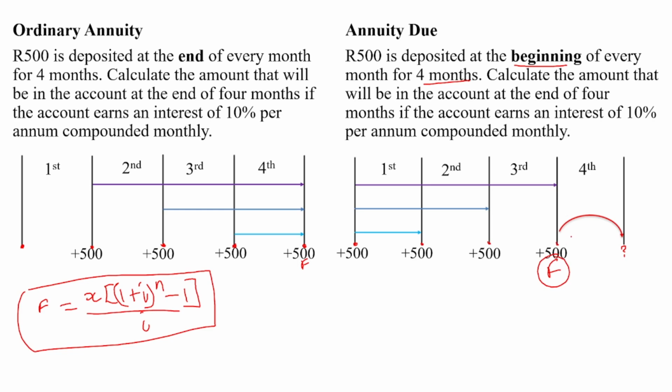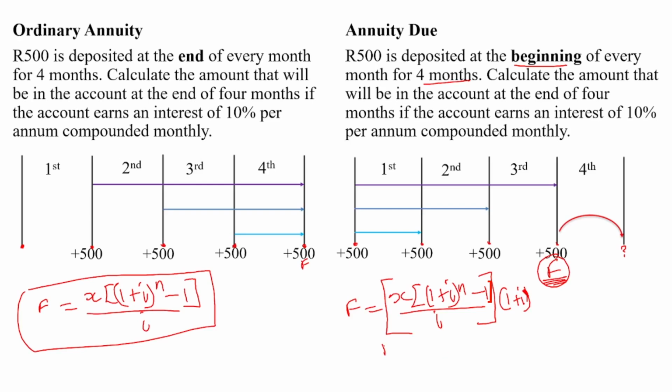So what should we do here? We have to get the future value here, and then this amount will gain interest for another month. So the formula slightly changes. Our future value becomes x, times 1 plus i to the power n minus 1 over i, like this. Then this whole thing is invested for another period, in this case a month.